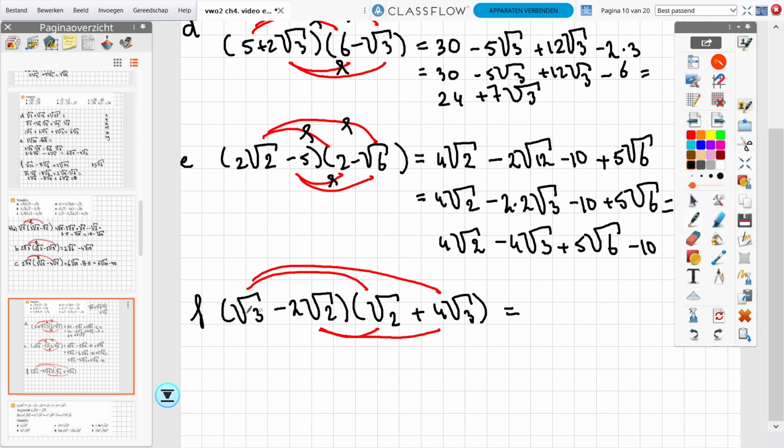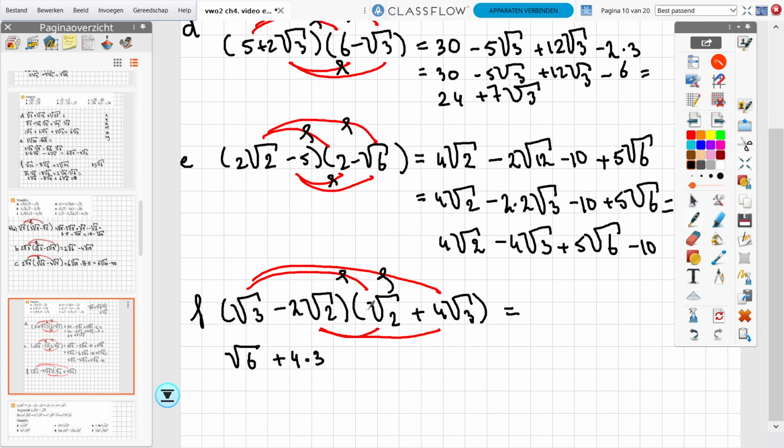Okay, let's start. Root 3 times root 2 is root 6. Done. Root 3 times 4 root 3 is 4, and root 3 times root 3 is 3, because root 3 times root 3 is the same as root 3 squared, which cancels each other out. Done.